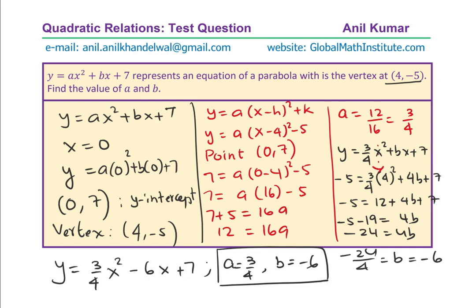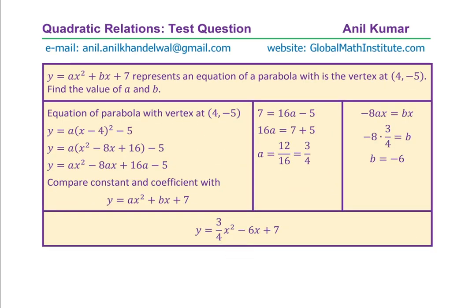Perfect. Well, here is one of our solutions, which is our first method. So as you can see in the solution, what did we do? We utilized the vertex, which is 4, minus 5, to write the equation in the vertex form. Y equals a, x minus 4 whole square minus 5.